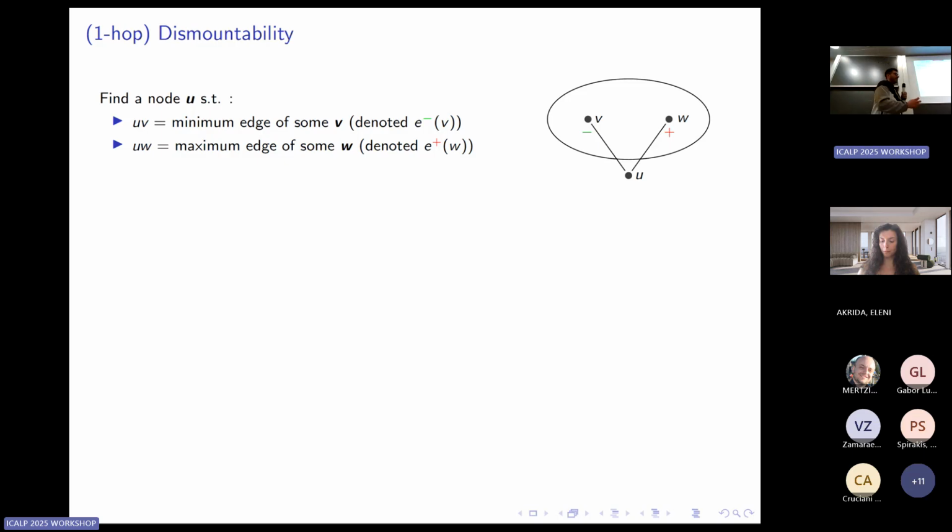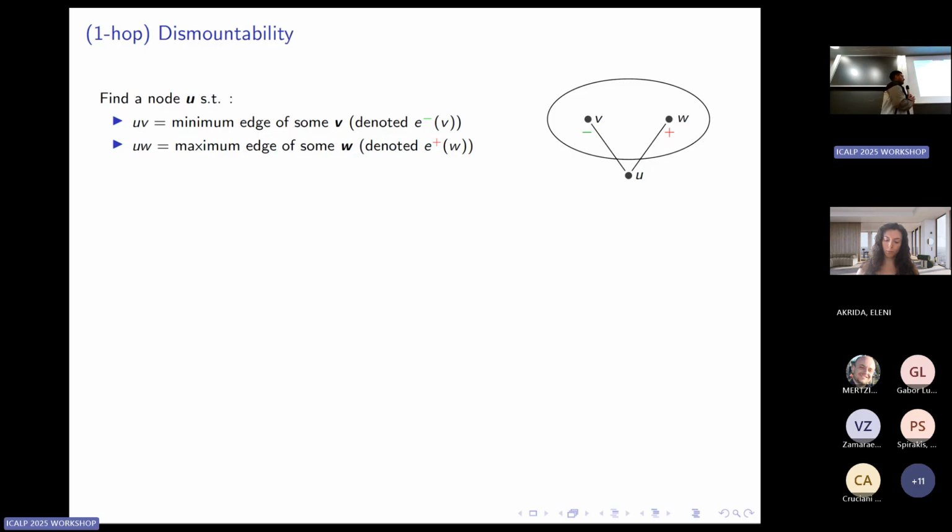If we restrict this to considering only minimum and maximum edges, dismountability says: if you can find a node such that it receives the minimum edge of someone else and the maximum edge of someone else, then I can remove it. Why?